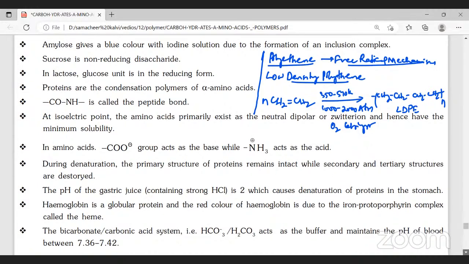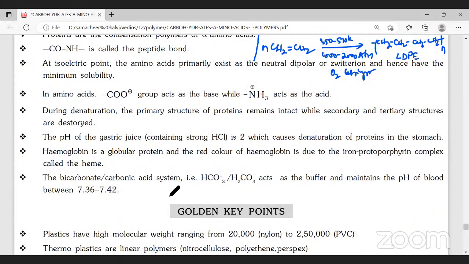Now, the next polymer we have is high density polythene, represented as HDPE. Now, what is this high density polythene? The reaction again is the same. CH2 double bond CH2, n molecules.